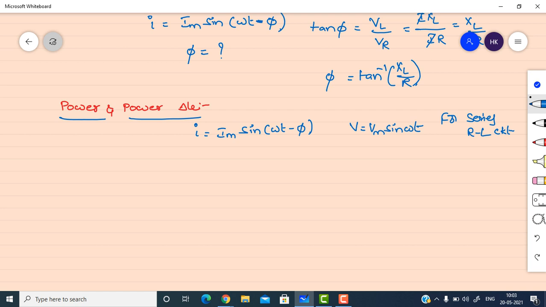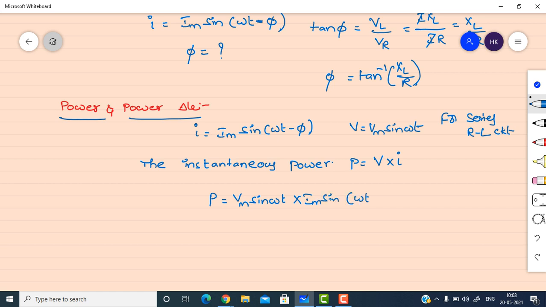Now find the instantaneous power first. p is equal to the product of voltage and current. The voltage expression is Vm sin ωt, and the current expression is Im sin(ωt − φ).